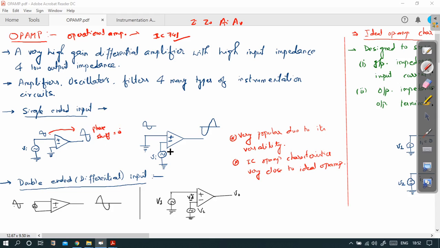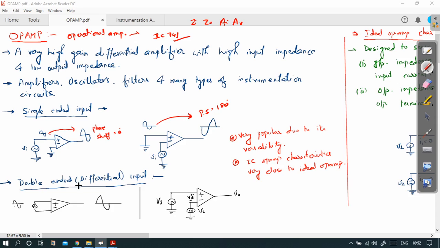When applied at the inverting terminal, the amplification will be there and the phase shift will be 180 degrees, that is, the output signal will be out of phase with respect to the input signal. This is the meaning of plus and minus. It depends on the type of usage whether you want your output signal to be out of phase with respect to the input signal or not.